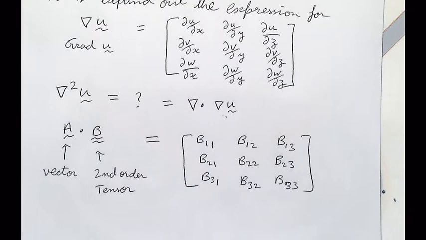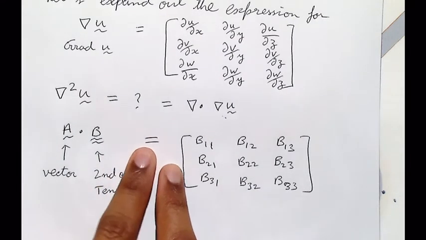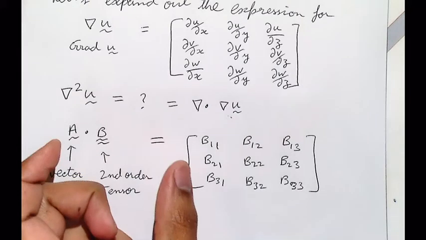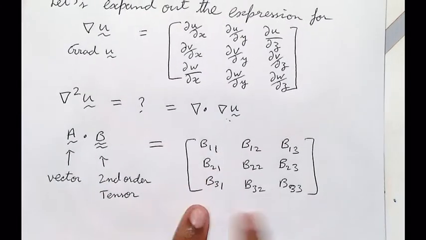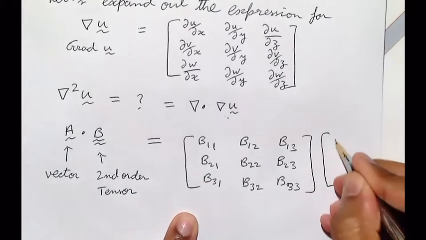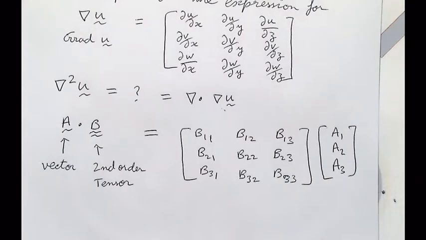Where should they go? It should be to the left, so you multiply that way. Actually, we do it the other way. So this actually becomes A1, A2, A3. If you remember this very simple thing, you can convert any complicated vector formula into a simple expanded version.